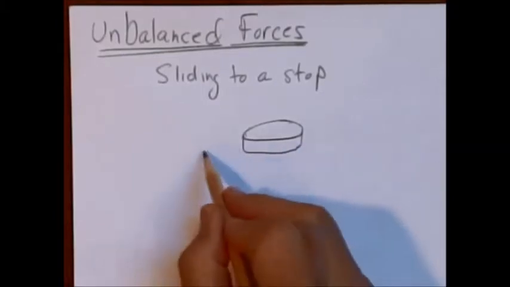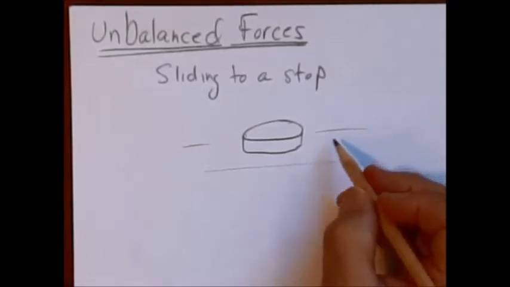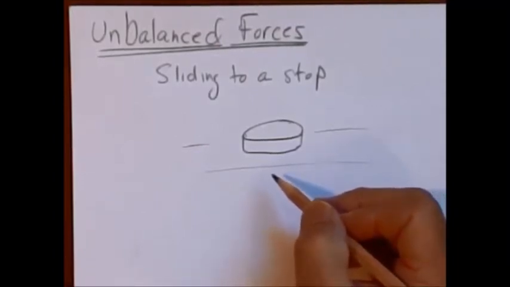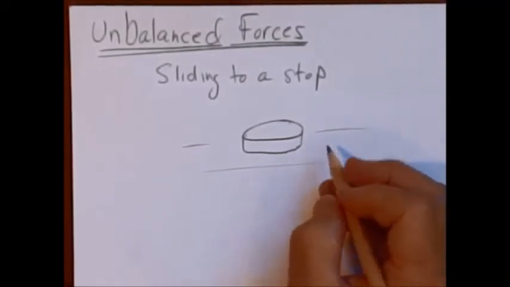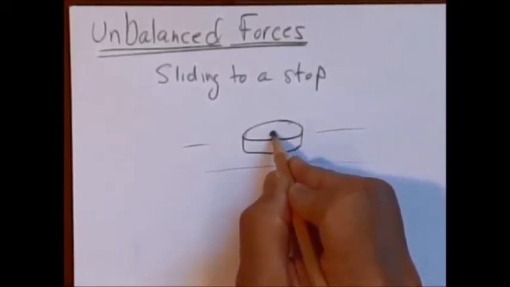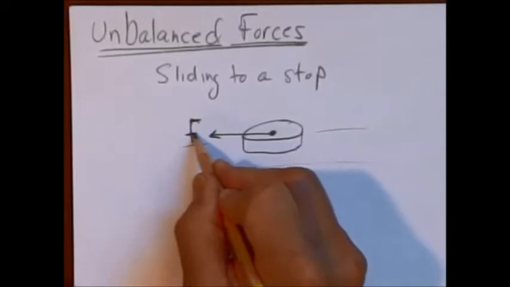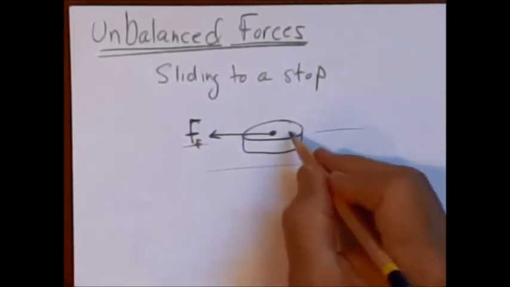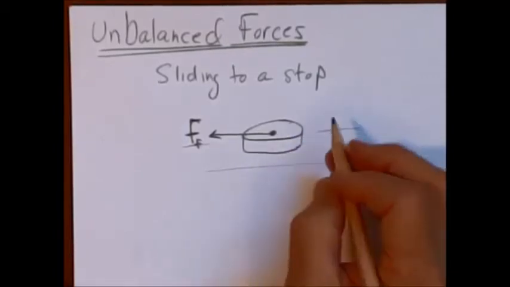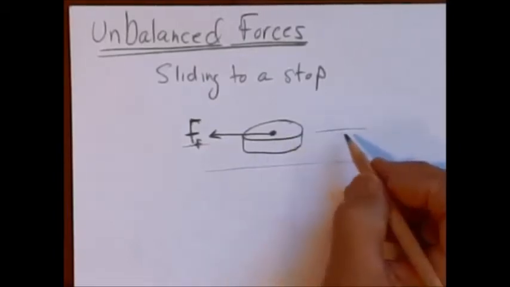So imagine, if you will, a hockey puck or a shuffleboard on ice or on the concrete, and it has some initial velocity, but once it leaves the paddle, then it has a force of friction, which is causing the puck to slow down. The force that got it moving in the first place is long since gone, and now it's just coasting. If there was no friction it would keep going, but there is friction, so it is decelerating.